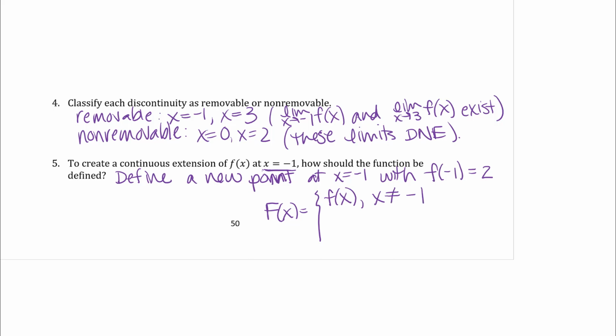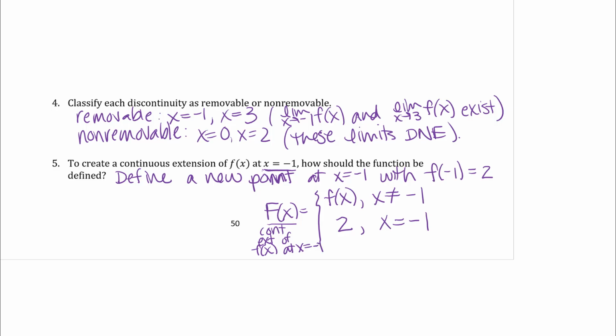And then I want this new function to have an output of 2 when x is actually equal to -1. So I used a piecewise function notation here to define this new function, capital F of x, that is the continuous extension of little f of x at x equals -1.